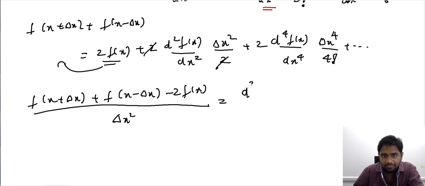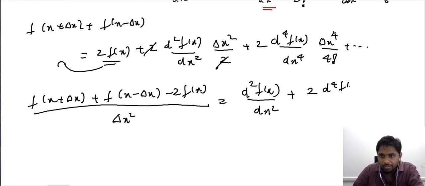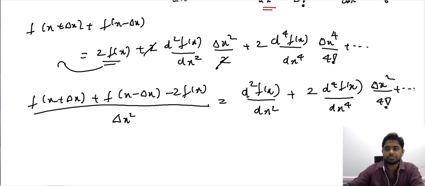What you would end up having is the second derivative of f of x plus, the 2 remains the same, the fourth derivative of f of x times delta x square by 4 factorial, and so on and so forth.